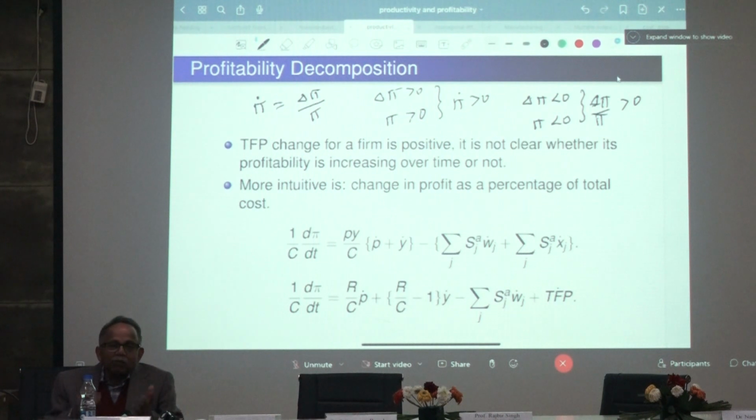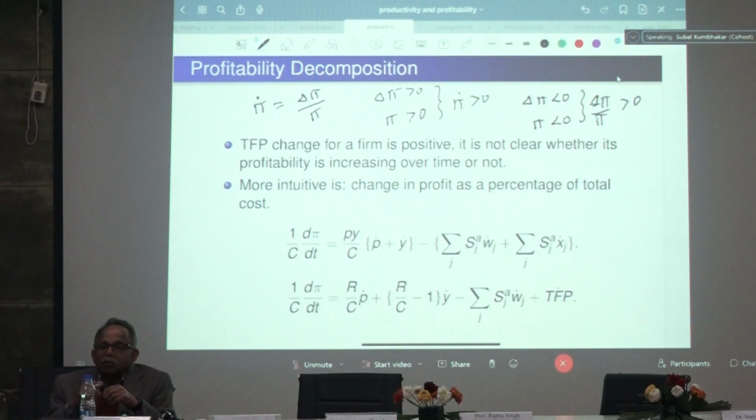So the question is that if you look at simply pi dot, you are not able to distinguish between the two scenarios where one is making positive profit and the profit is also increasing, the other one is going down. It has a negative profit and the negative profit keeps on increasing.